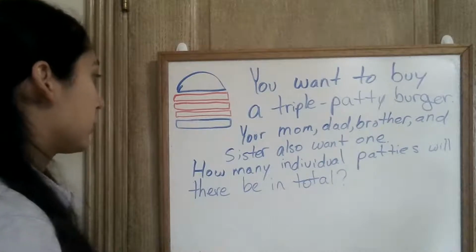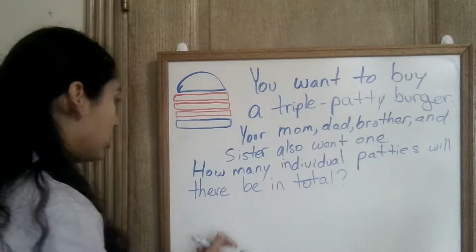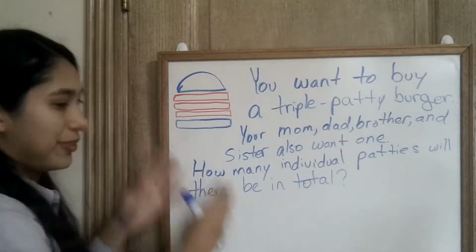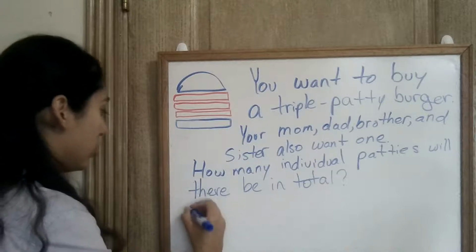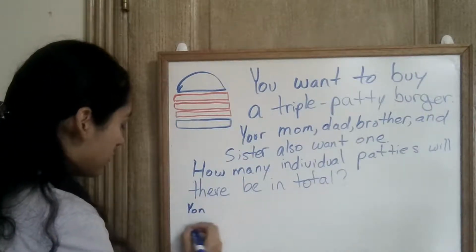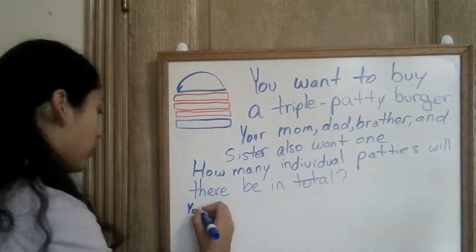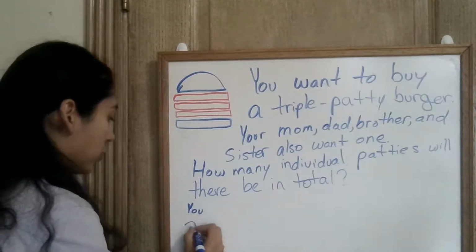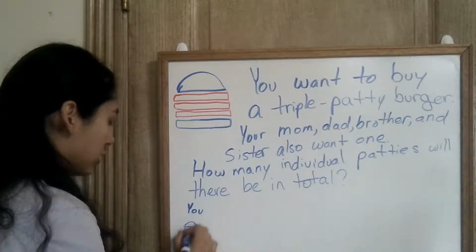Okay, so we have 3 patties. So just so I don't have to draw 3 little burgers each time. So we know that there's you, you. So you want a little burger with like the 3 little patties.